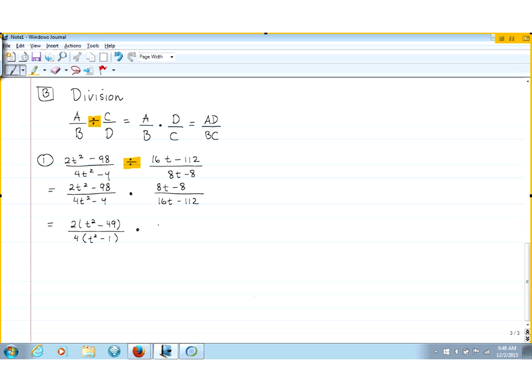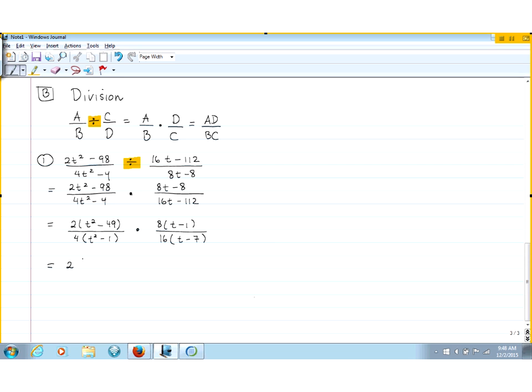Yeah. Times, what is it? 8 times p minus 1. How about the 16? Is 16 factorable from 112? 16 times p minus 7. Alright.